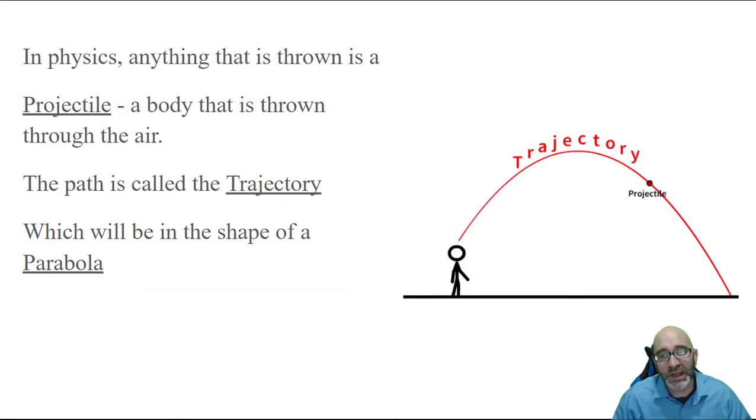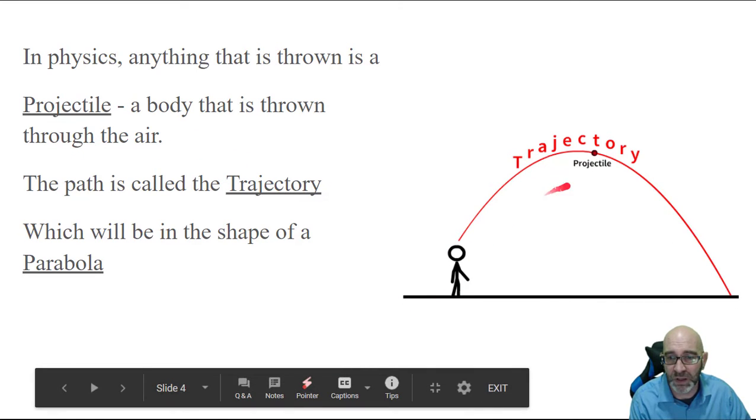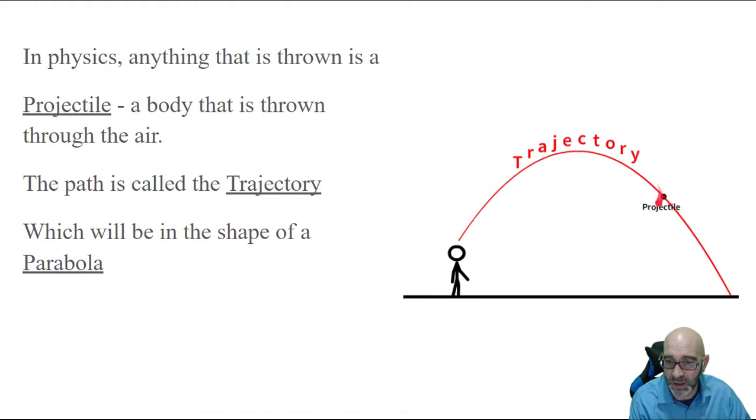In physics, anything that is thrown is known as a projectile, a body that is thrown through the air. And I have a little GIF here, and it shows the projectile moving through the air. And so it's pretty simple to think about balls as projectiles, but sticks can be projectiles, or rocks, or anything that moves through the air.